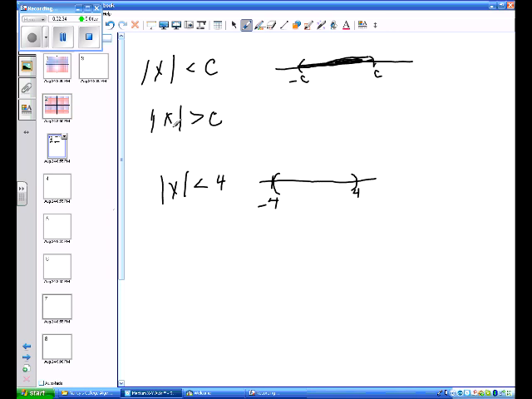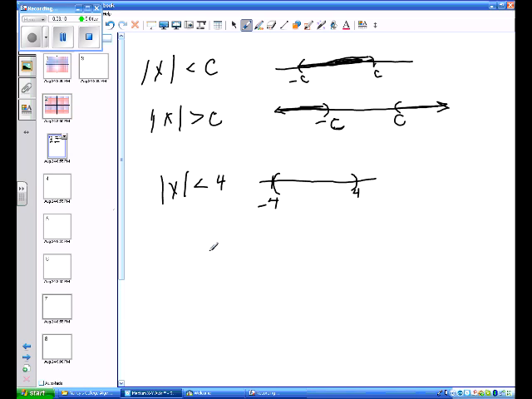Well, when we talk about a greater than, we're talking about all the numbers whose absolute value, or whose distance, is further away than c is. So again, if we look at negative c and positive c, we're wanting numbers that are further away from 0 than that number is. So we would talk about all the values greater than c and all the values less than negative c.